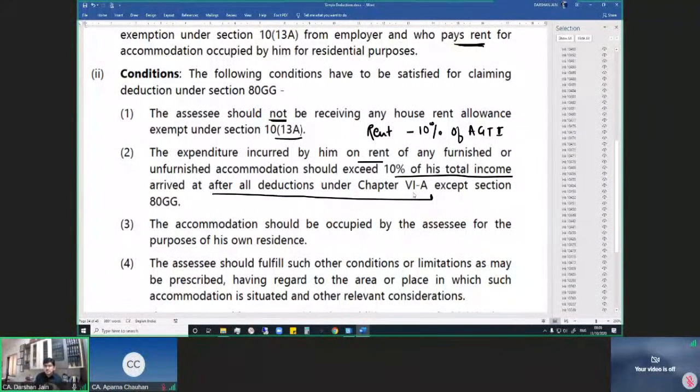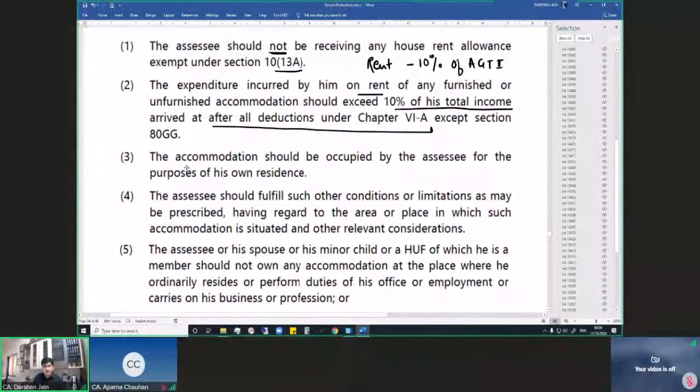In that case, you'll have to compute the 10% of adjusted gross total income by way of a simultaneous equation. So you'll have to solve a simultaneous equation. For the time being, understand expenditure incurred by him on rent of any furnished or unfurnished accommodation should exceed 10% of his total income arrived at after deduction under Chapter 6A except for 80GG.